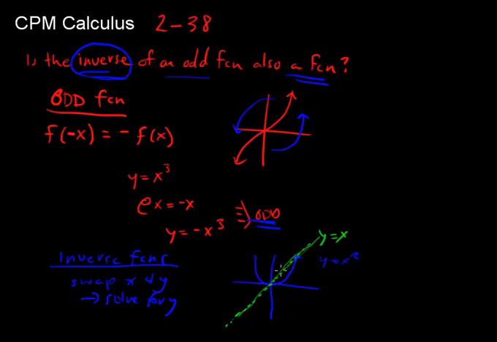If you had a mirror right here, this section is going to rotate across the mirror, and this section too. It's basically going to look like this, the inverse function in green. So all inverse functions reflect across this line.